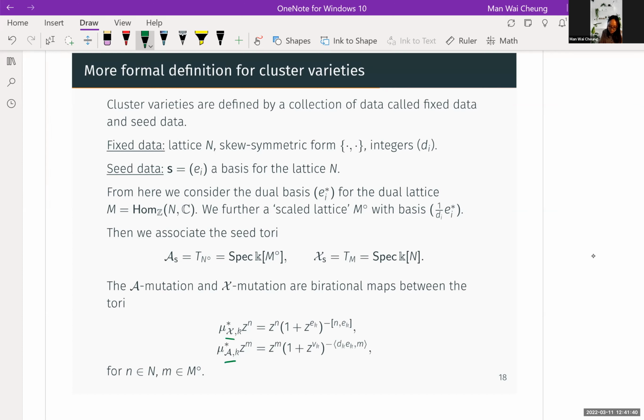Note the notation is heavy here, so just a few things to remember. The X mutation is the pullback of 1 plus z to the e_k, which is on the lattice N. And then the A mutation is the pullback of z to the v_k, where v_k is kind of the skew-symmetric dual of e_k. And then up to some power here.